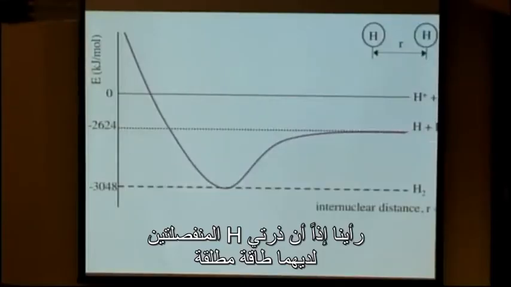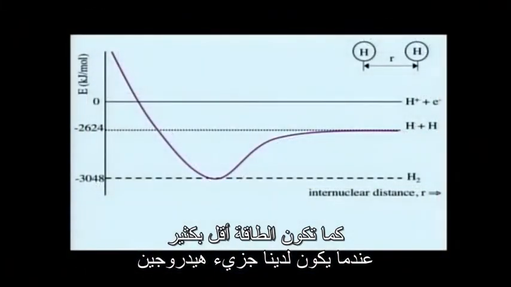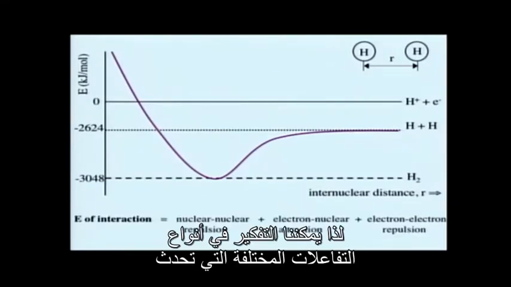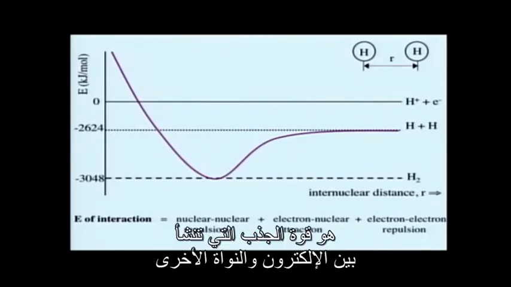So we see that the two H atoms separate have a certain energy that's lower than when the electron's not with the atom. And then even lower down, we have our bonded hydrogen molecule. So we can think about the different kinds of interactions that are taking place. I said what holds a bond together, what holds two atoms together, is the attractive force we have between each electron and the other nucleus.